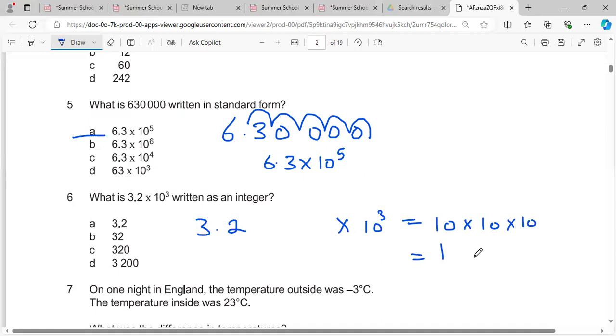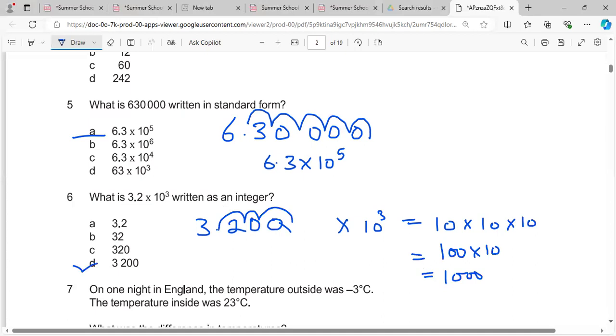And then you times 100 by 10, you're going to get 1,000. So in essence, we're just multiplying this number by 1,000. And we know that when we multiply by 1,000, we're just going to move the decimal point 3 times. So we can add some zeros and make sure we can move it 3 times. 1, 2, 3. So it will be 3,200.